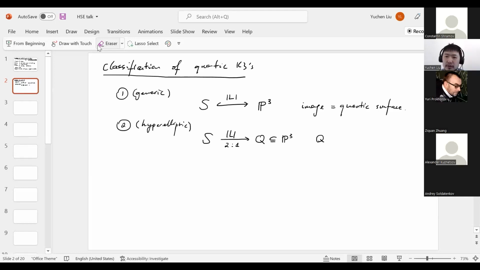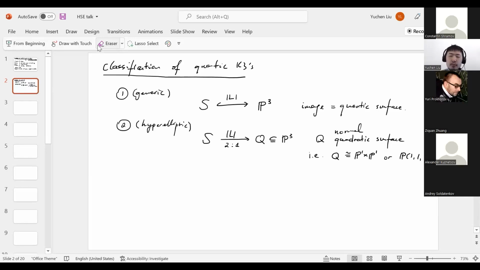So here Q is some quadric surface, and normal, meaning that Q can also have singularities, but there is only one possible singular case, which is the cone over the smooth conic curve. So I have Q isomorphic to P1 cross P1 or P(1,1,2).